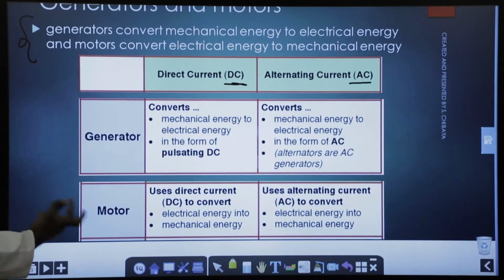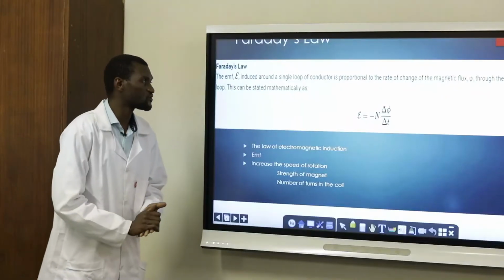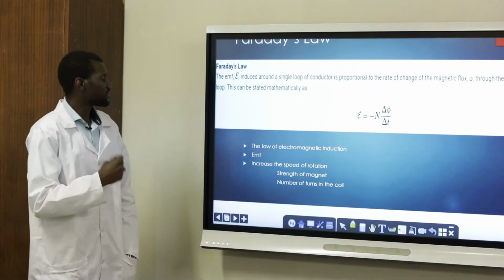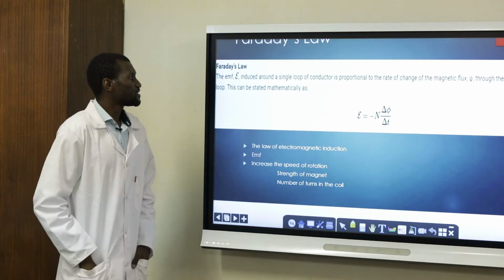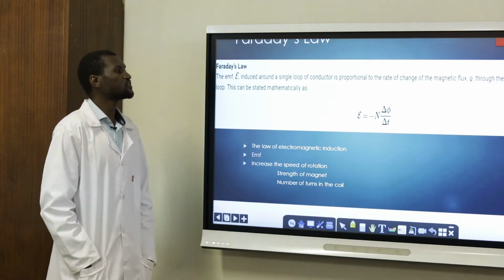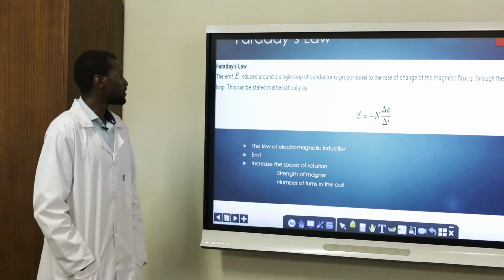All right. May I make mention also of Faraday's law? In previous years, you must have learned Faraday's law, which explains that the EMF induced around a loop of conductor is proportional to the rate of change of magnetic flux through the area A of the loop.